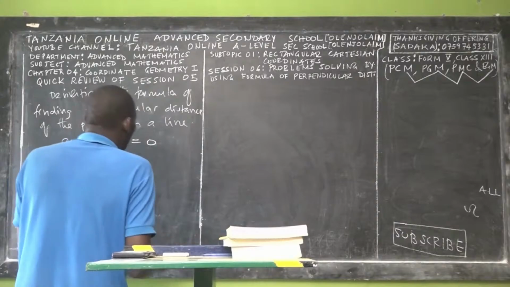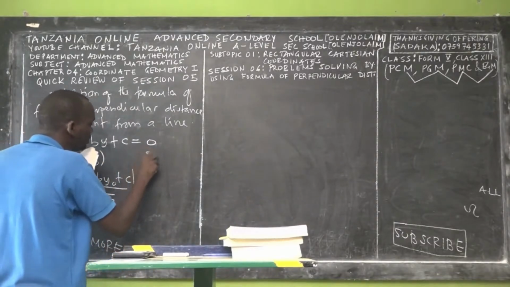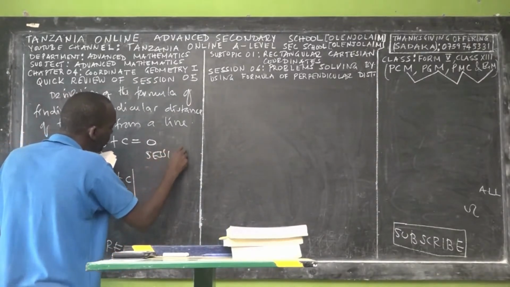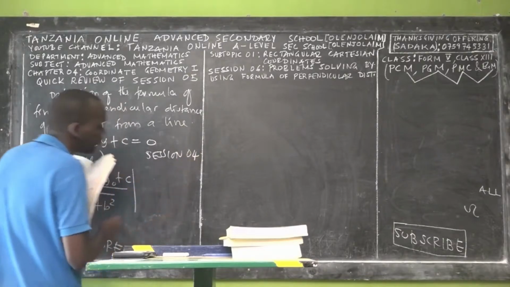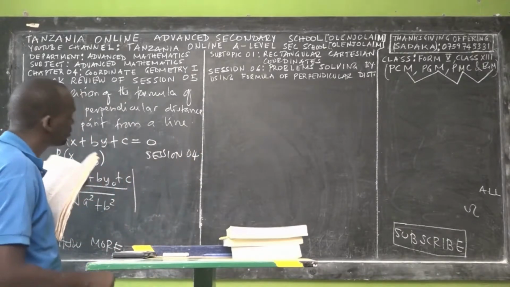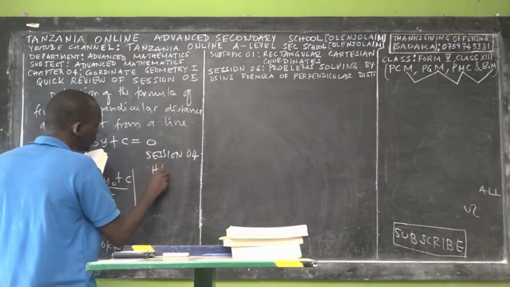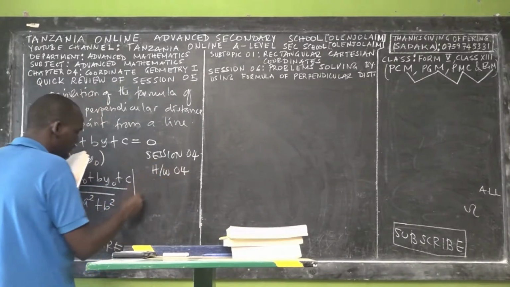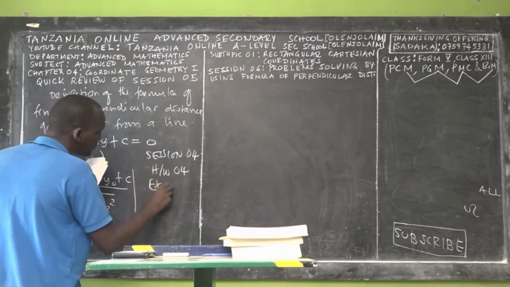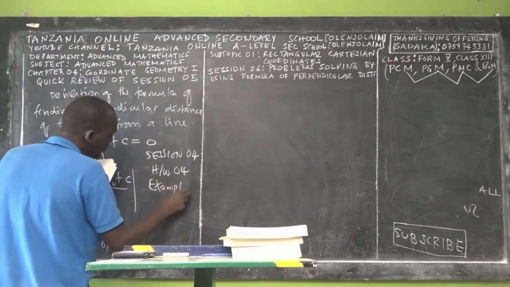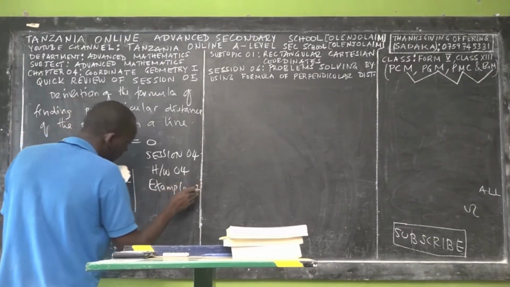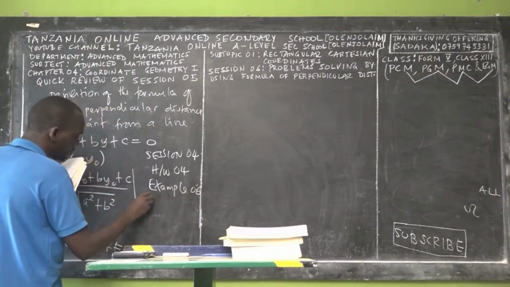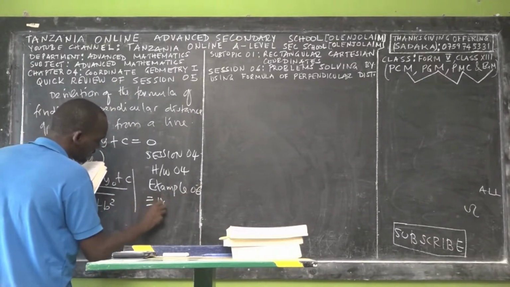So again, if you refer to session 4, where we have been solving some problems, we left the homework, which was homework 4, and unfortunately we labeled it as example 60, but that is not example 60. If you follow the sequence, this was example 7.